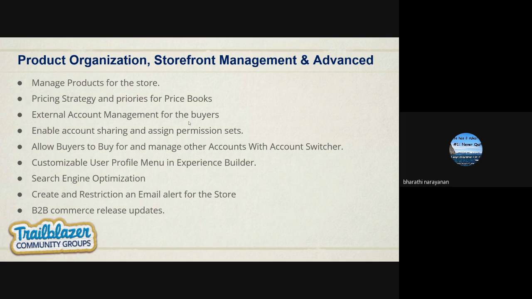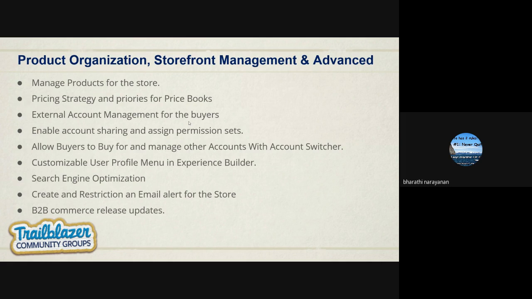The next one is pricing strategy for the price book. If the product has multiple price books, right? So the customers want to see prices based on priorities. The buyer is going to be grouped based on buyer group or price books.